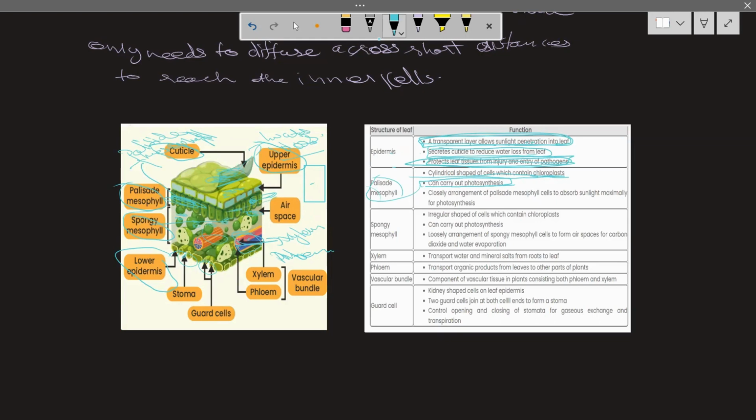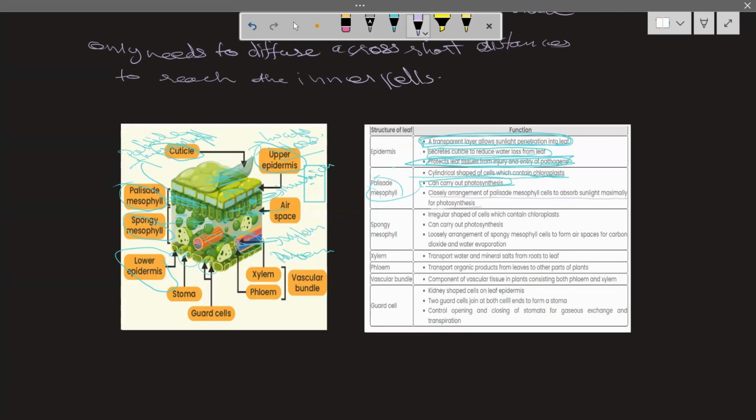So this is the part of the leaf in which the maximum amount of photosynthesis is carried out. And what's the other function? Closely arranged palisade mesophyll cells absorb sunlight maximally for photosynthesis.